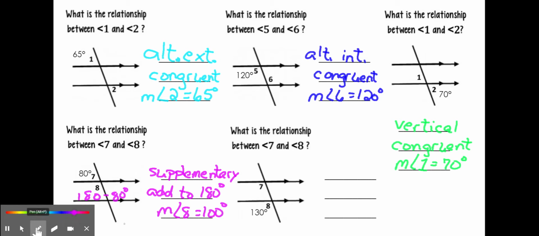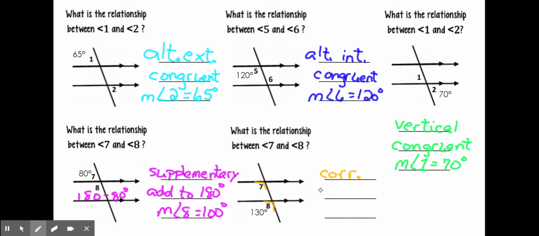All right, one more. What about 7 and 8? 7 and 8. So I see 7 here and 8 here. Okay, so look at that. I have one, if I look up here, this one's in the lower left. 8's in the lower left. They're in the same spot, right? Lower left, lower left. So these are corresponding angles. I'm going to abbreviate that.